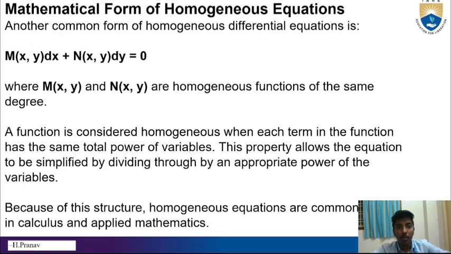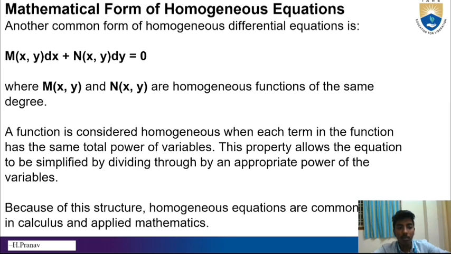So, coming to the mathematical form of homogeneous equations, another common form of homogeneous differential equations is M of x comma y dx plus N of x comma y into dy equal to 0. Here, M of x comma y and N of x comma y are homogeneous functions of the same degree.